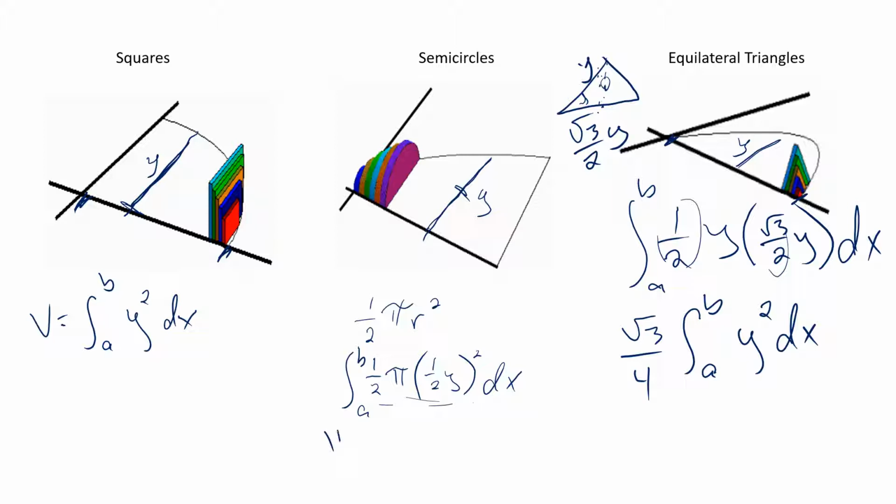This could be pi/8 times the integral from a to b of y² dx. So a semicircle is pi/8 of the squares. Equilateral triangles is √3/4 of the squares. And so they can actually all tie back to the squares if you simplify it. Just with the way this type of problem works, that happens.